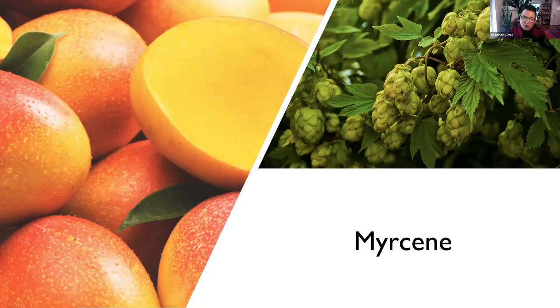Myrcene, one of my favorite terpenes out there. We see high levels of this in hops and in mangoes. So often when people are saying, oh my gosh, if you eat a mango before you smoke some cannabis, you'll get more high. You don't necessarily get more high, you get more sedate and maybe get some couch lock. But myrcene has some really interesting therapeutic advantages by itself.